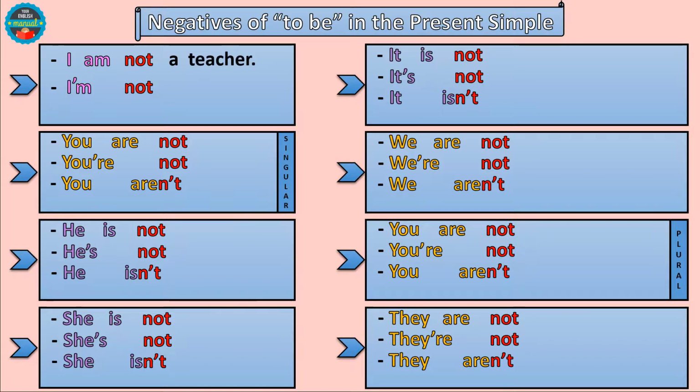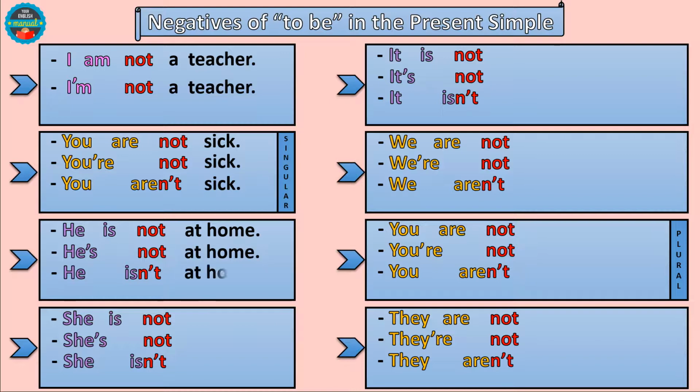So, to sum up, let's see the three ways to say the negative with to be using examples. I am not a teacher can be contracted only to I'm not a teacher, since there is no third possibility with am, remember? You are not sick can be you're not sick or you aren't sick. He is not at home can be he's not at home or he isn't at home.